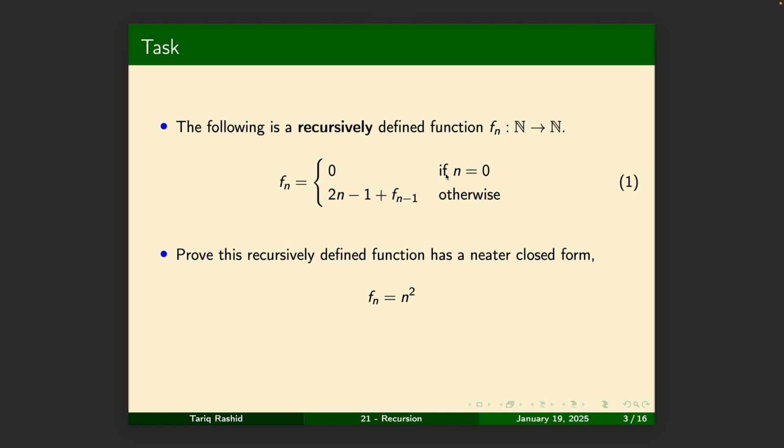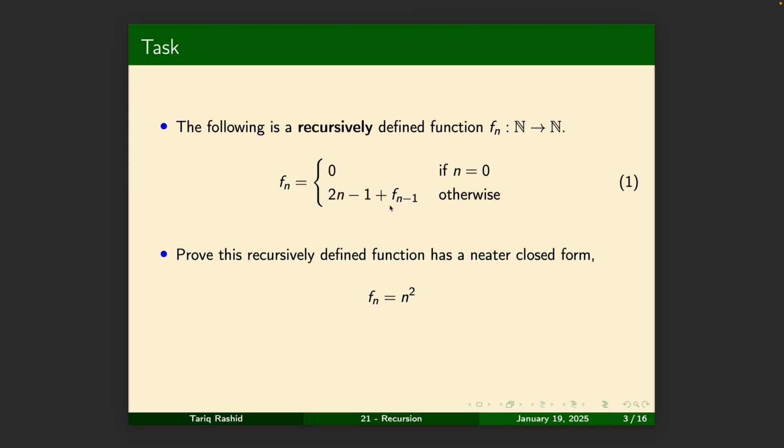And it's saying that if the input is 0, n is 0, then the output is 0. Otherwise, for any other case, the output is 2n minus 1 plus f(n minus 1). That's the previous value of f(n).